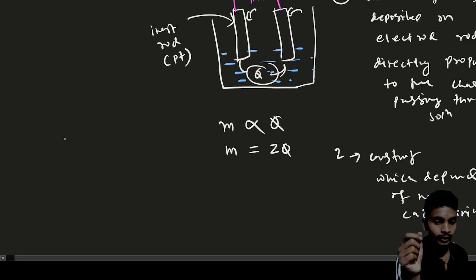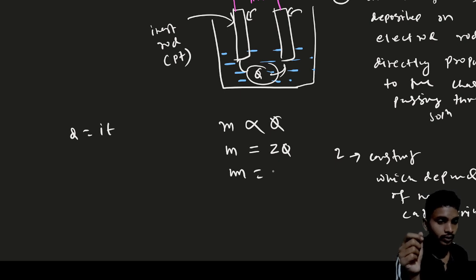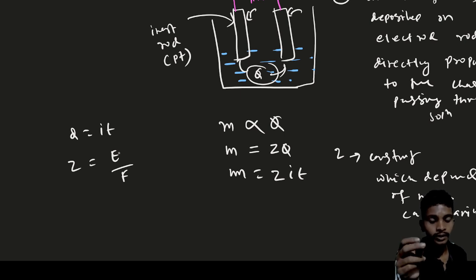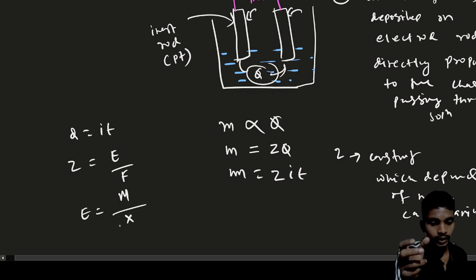We know that Q equals I T, so I can put M equals Z I T, and this Z is also equal to E by F. Here E is the equivalent weight, which is molar mass divided by the X factor.